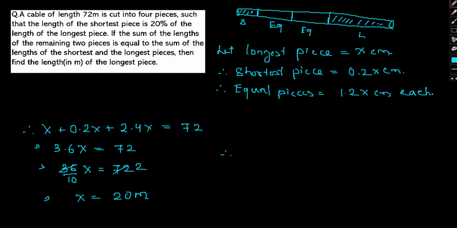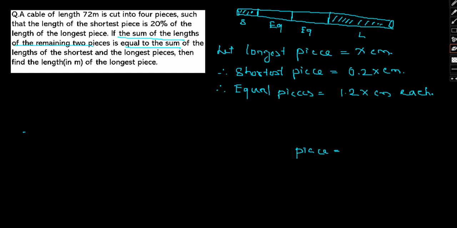So therefore the longest side or the longest piece... okay, my bad guys, it's given the sum of the lengths of the 2 remaining pieces. Sum of the length of the 2 remaining pieces. Okay, sorry, I made a mistake over here. Hang on. It's given the sum of the lengths of the 2 remaining pieces.